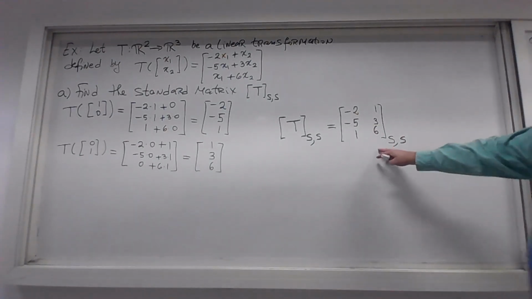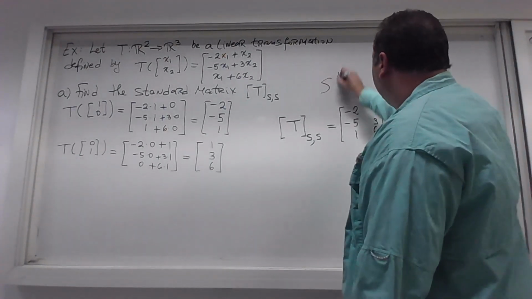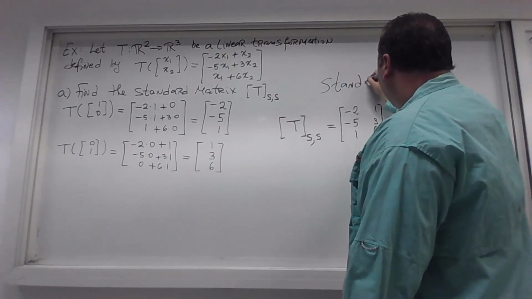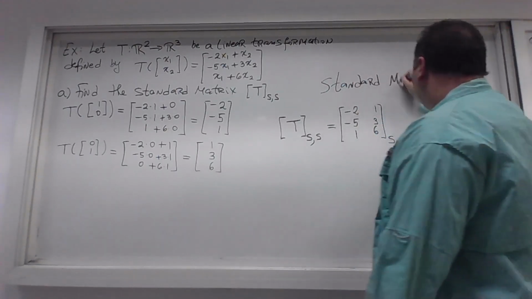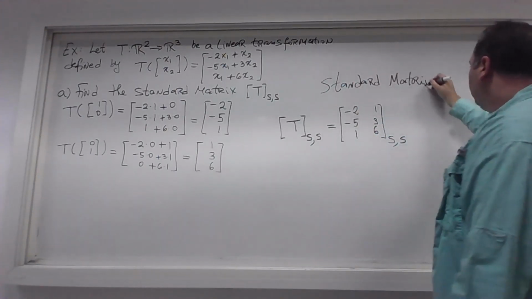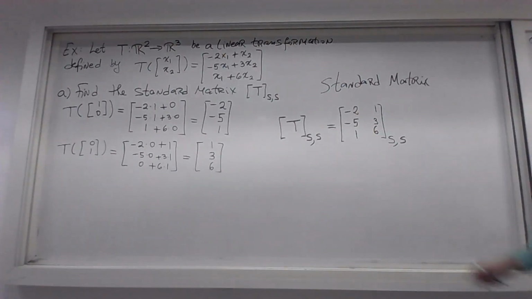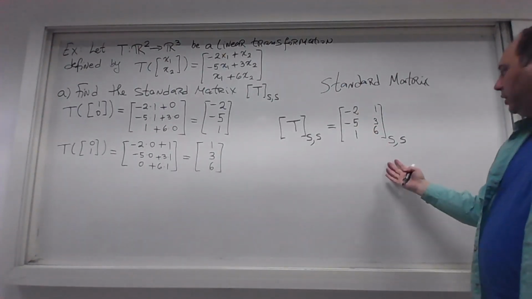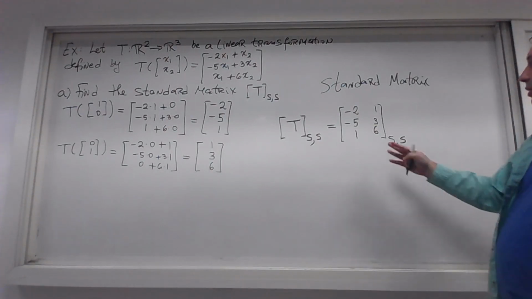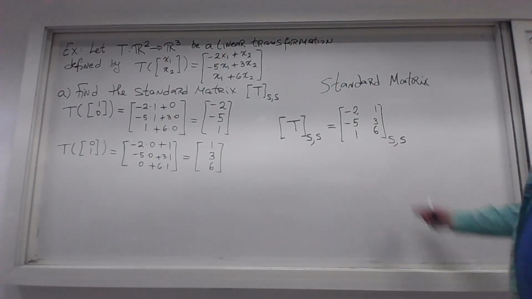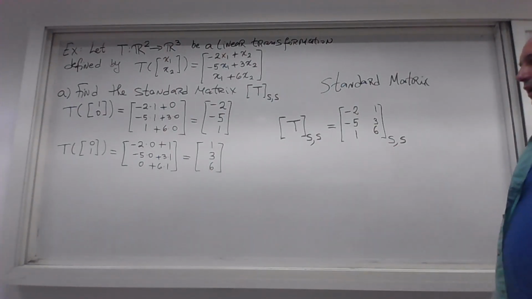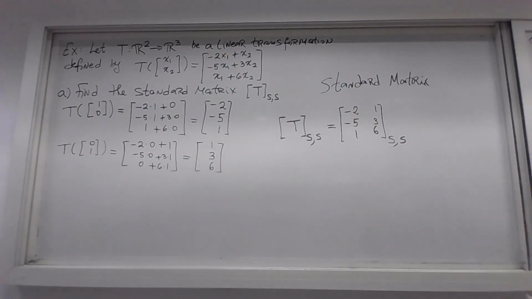So this is the standard matrix, right? When we want to use it, we multiply the coordinates of the vector in the standard basis, which is equal to the vector, and we get as a result the coordinates of the image in the standard basis, which is actually the image itself.